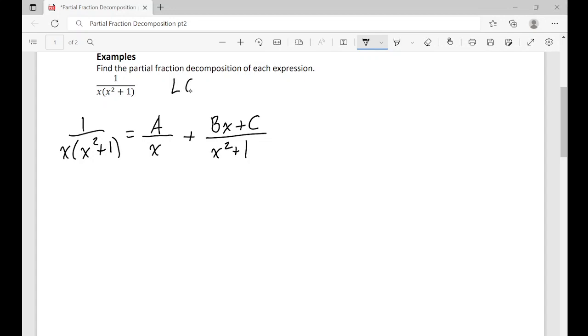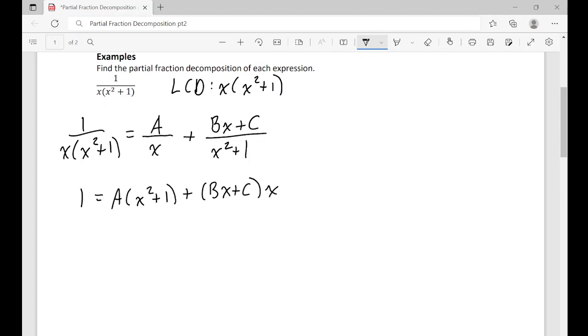And now we're going to find the LCD, which is not too hard because it's just going to be what we factored here, which is going to be x times x squared plus 1. So we will multiply the entire equation by the LCD. When we do that, we're going to end up getting 1 equals a times x squared plus 1 plus bx plus c times x.